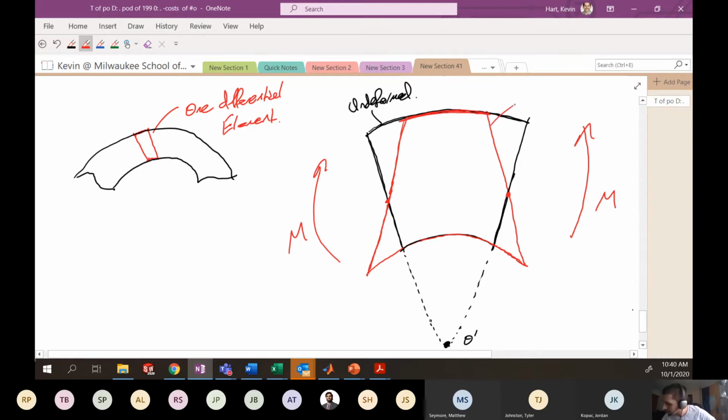And then this is your deformed condition. Notice that there is one portion of this element that does not deform in shape, and that would be this fiber of the bar, which is right here. This portion that does not deform is the neutral axis.